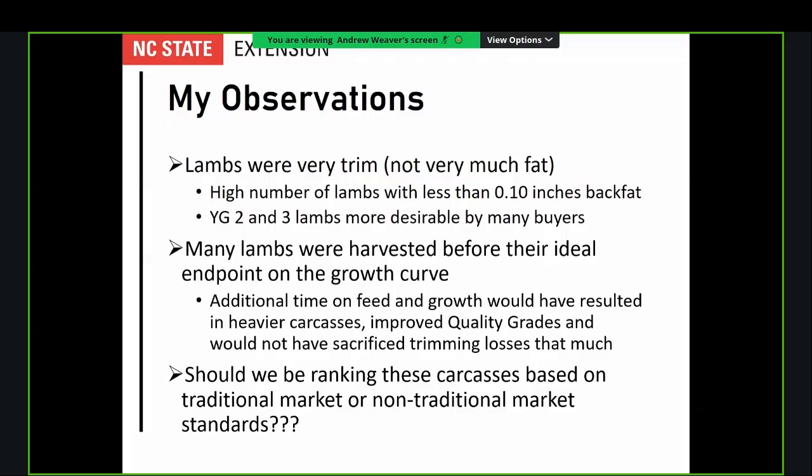But using ribeye area as a selection tool can allow us to more objectively select animals that should be heavier muscled throughout, and because of that, hopefully achieve higher grades, be more shapely, and whether it's in a traditional carcass grading or in a non-traditional live evaluation, receive some premiums for that.